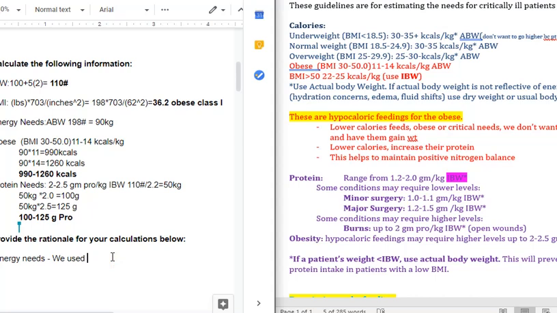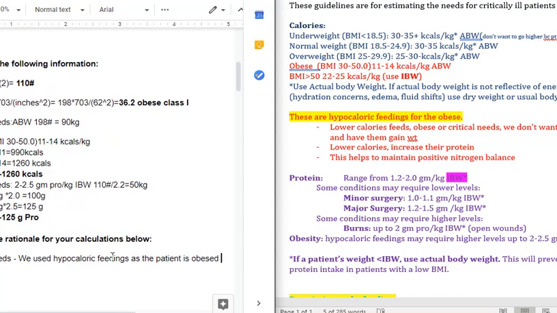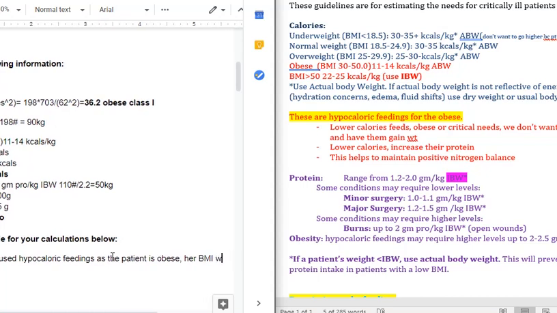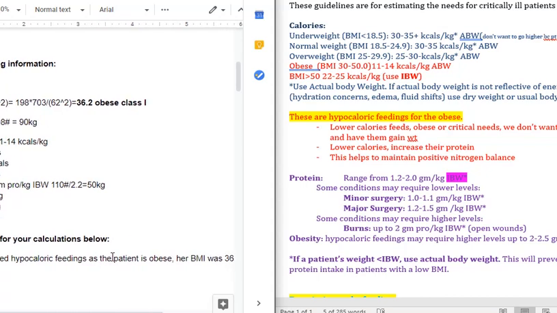So we used hypocaloric feedings as the patient is obese. Her BMI was 62.2.